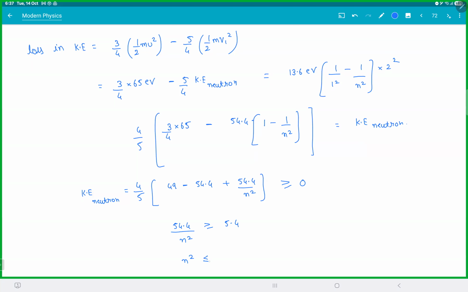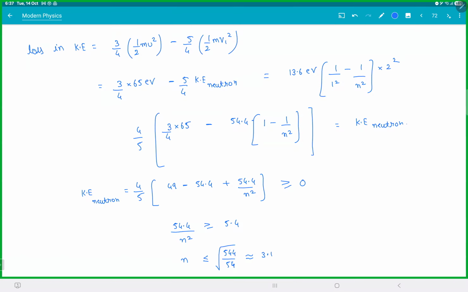Then we get n square must be less than or equal to 544 by 54, take the root. When you look at this, that thing looks close to 10. So root 10 is approximately 3.1 something. Anyway, we have to take the nearest integer.